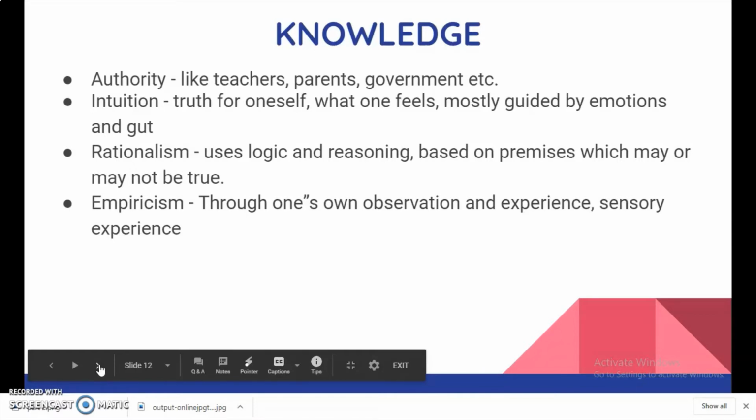In empiricism, we acquire knowledge through one's own observation, experience and sensory experience. We observe things and then we come to some conclusion through sensory experience, and then we see that yes, that's true for ourselves. Actually, there is no systematic observation. For example, we may say that women are more talkative than men.